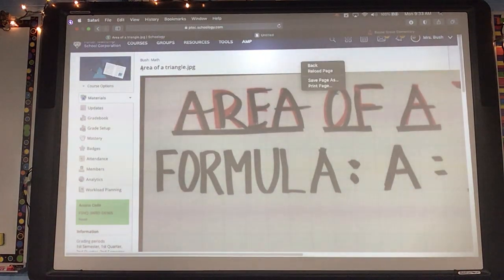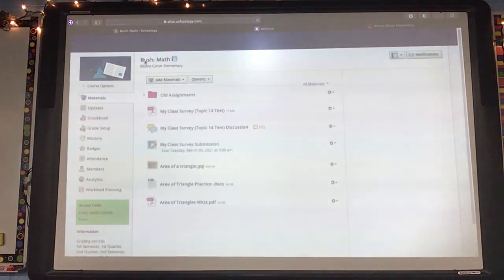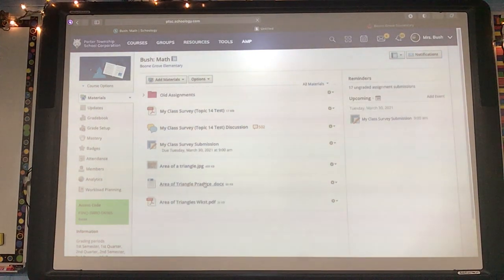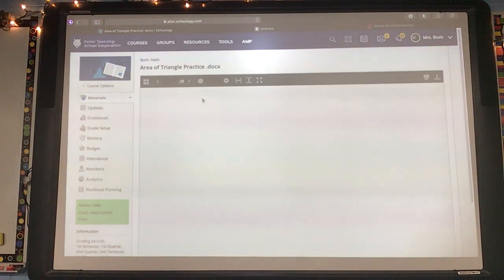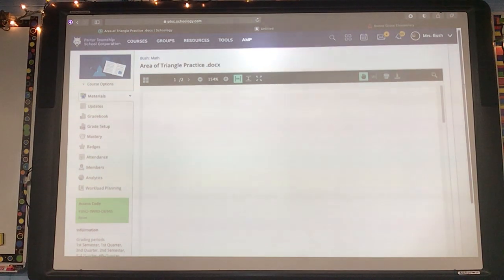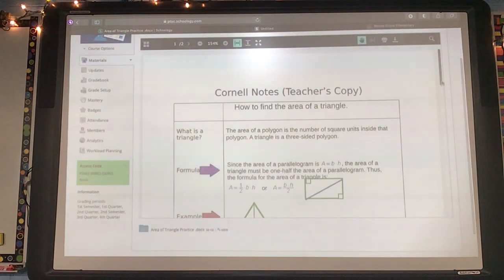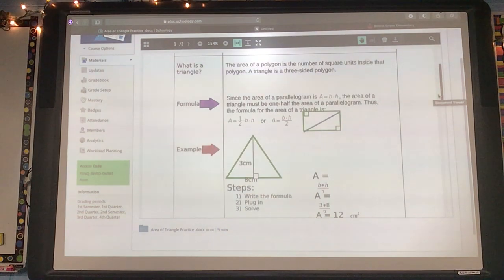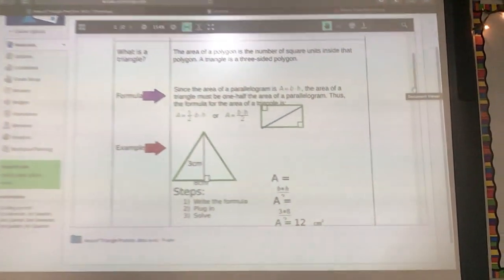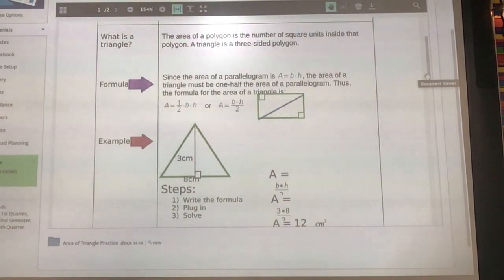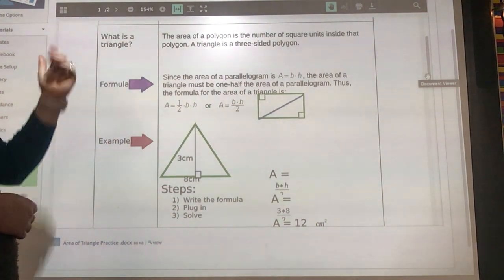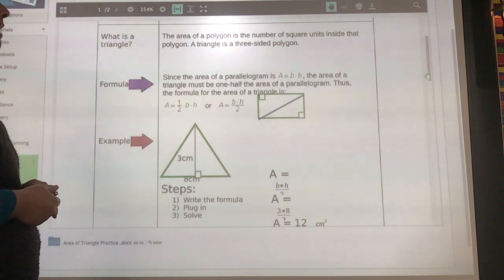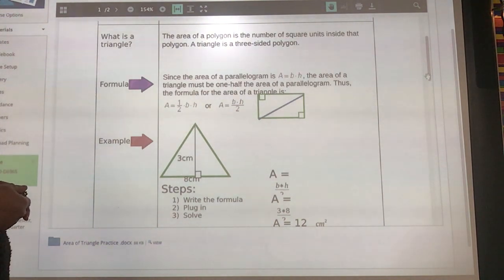All right, the next one. Here's some nice notes. Now, I'm not going to make you rewrite the notes. I just want to go through them together. So it says that the area of a polygon is the number of square units inside that polygon. A triangle is a 3-sided polygon.